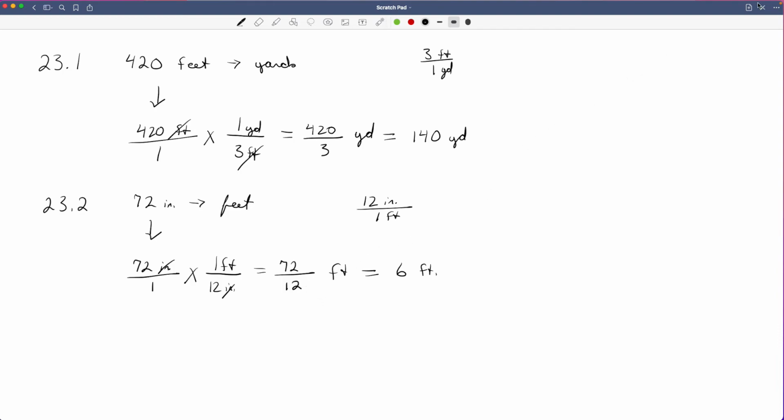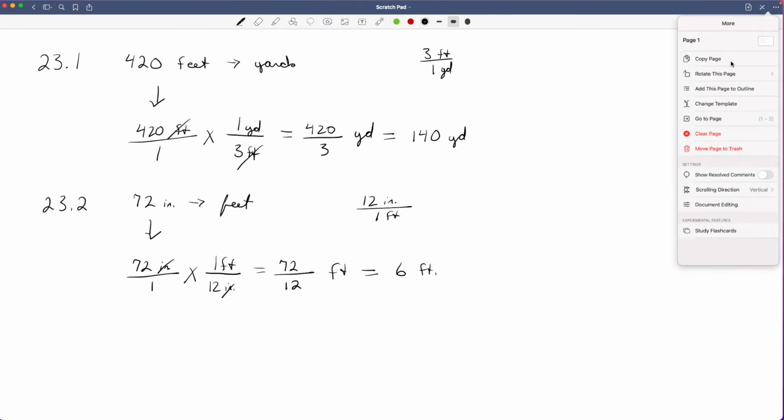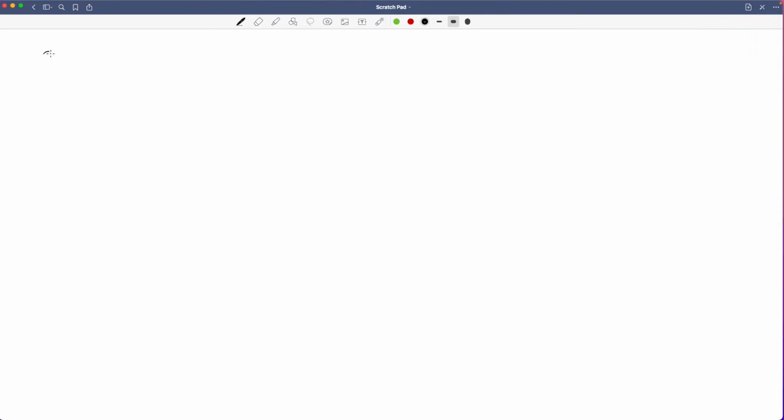So we have 2 more. Let's try those. Clear the page. 23.3. We're going to convert 4.6 miles to feet. So we need a unit of reference, and that's going to be 5,280 feet is equal to 1 mile.